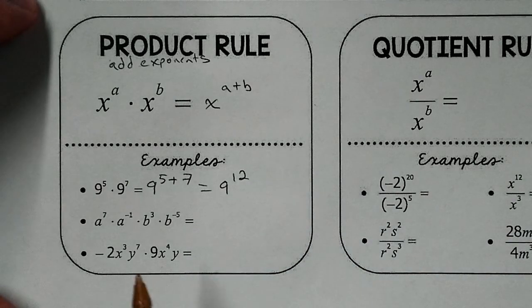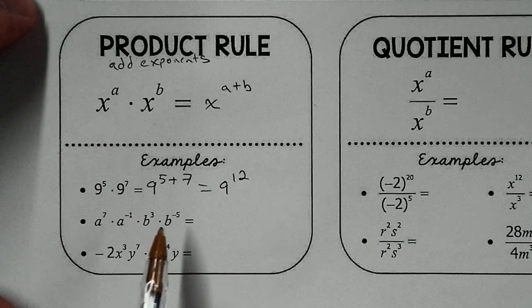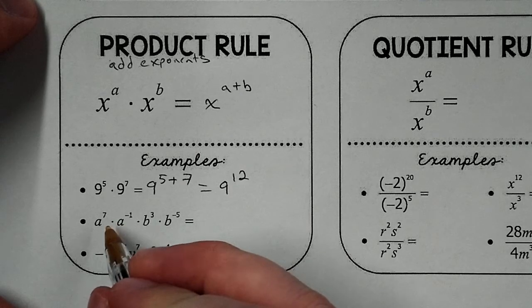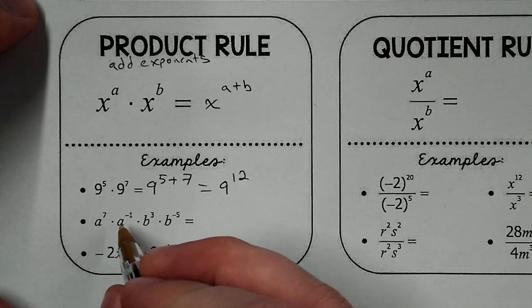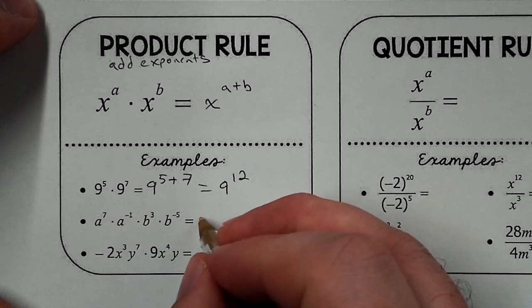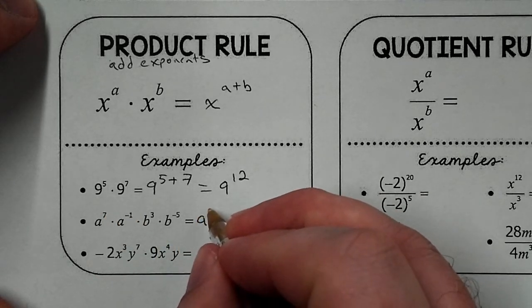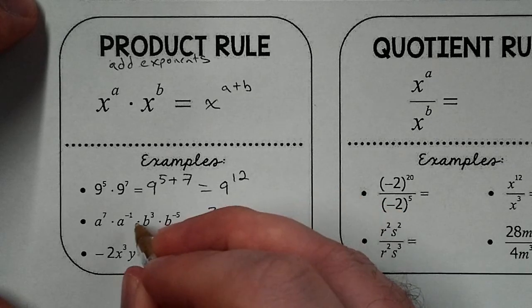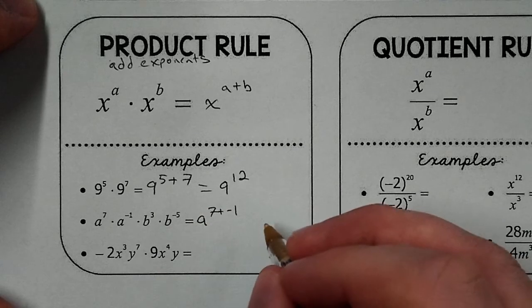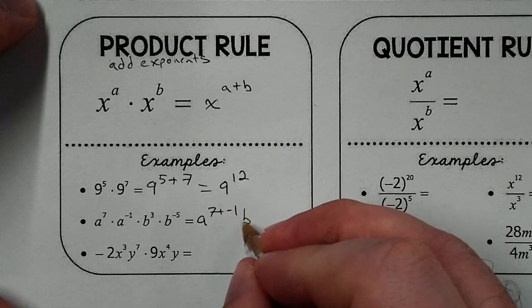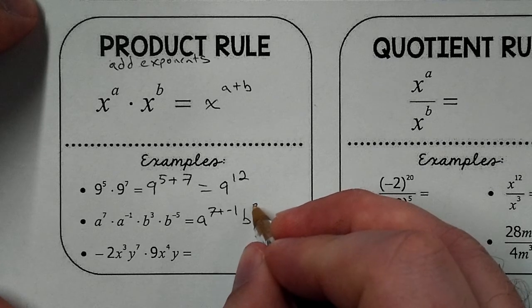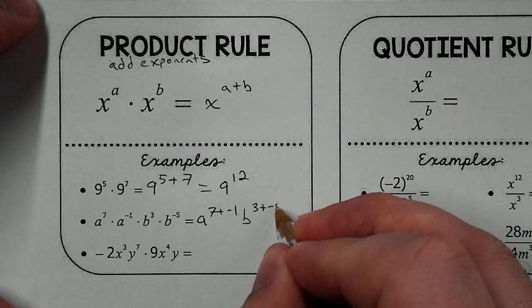Now on this one, be careful because we have some positives and negatives. The rule is still the same. You just add the exponents when it says to multiply. So a to the 7th times a to the negative 1, that's going to be a to the 7 plus negative 1. B to the 3rd times b to the negative 5, that would be b to the 3 plus negative 5.